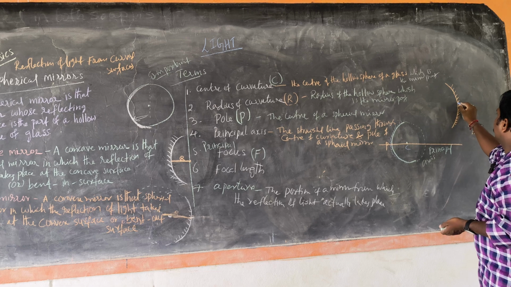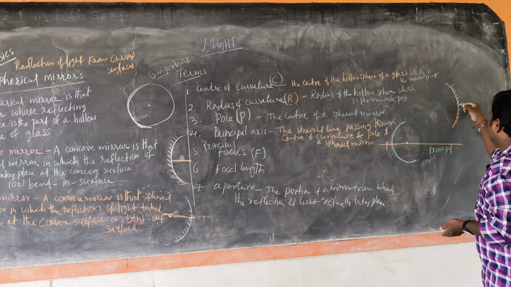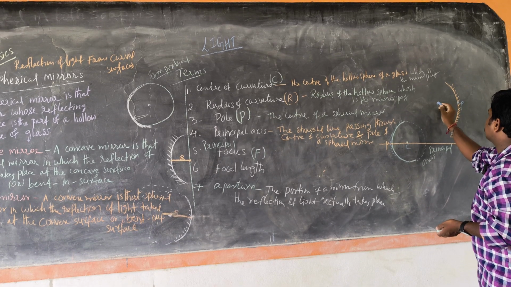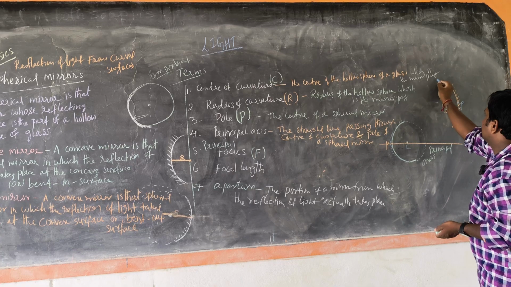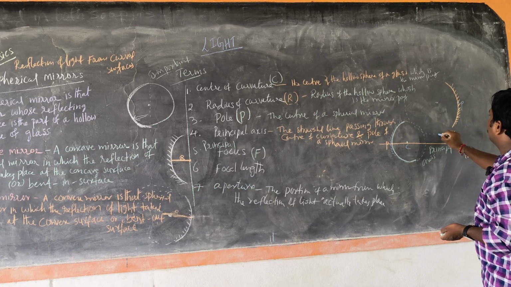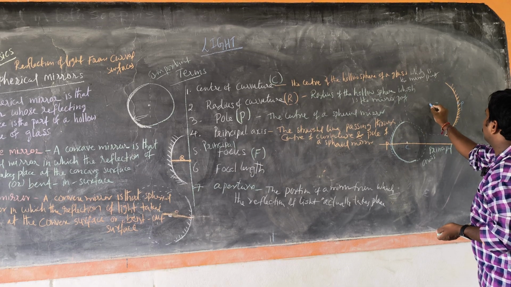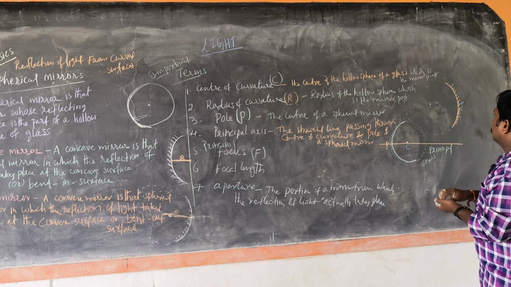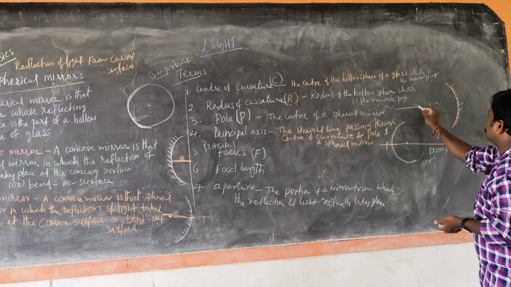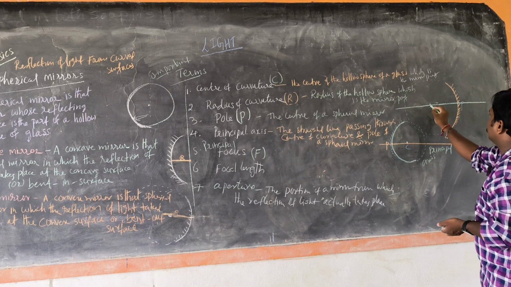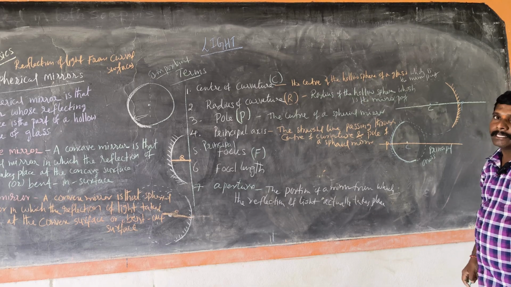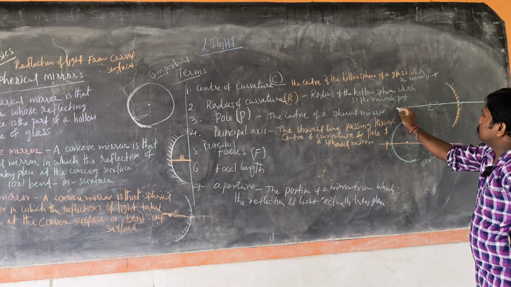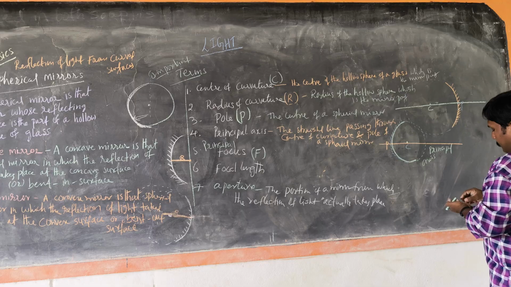We know it has the pole and the center of curvature, and a line joining the center of curvature and the pole is called the principal axis. So this is the principal axis.